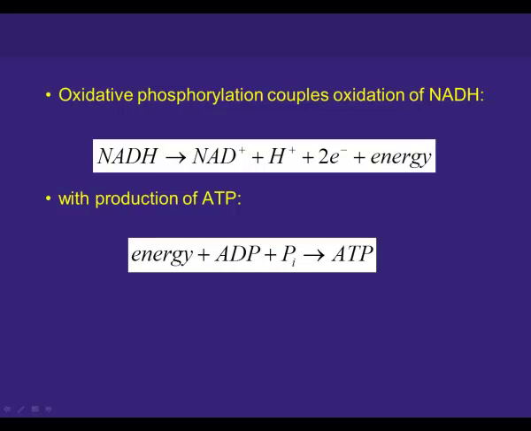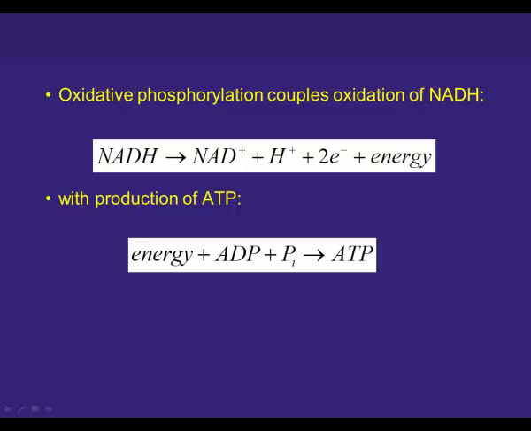However, unlike what we've seen before, these processes are not directly coupled. Just think about this and it'll make sense to you. There's much more energy released when NADH is oxidized, so 50 kilocalories per mole for this reaction that's shown here at the top of your screen, whereas only 7.3 kilocalories per mole is necessary for the reaction at the bottom of the screen to take place.